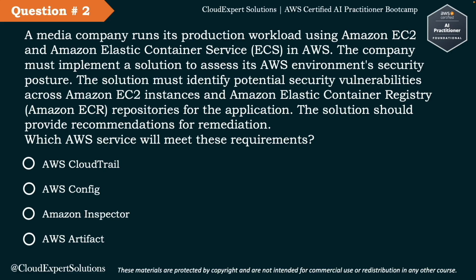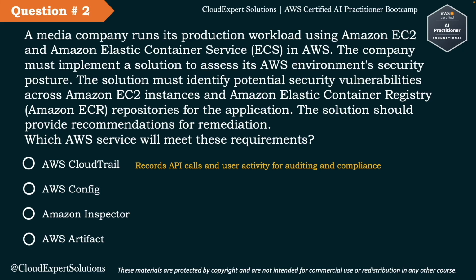To start with, AWS CloudTrail. AWS CloudTrail records API calls and user activity for auditing and compliance. AWS CloudTrail does not have vulnerability scanning capability. It helps track changes but does not assess security posture or provide remediation advice.